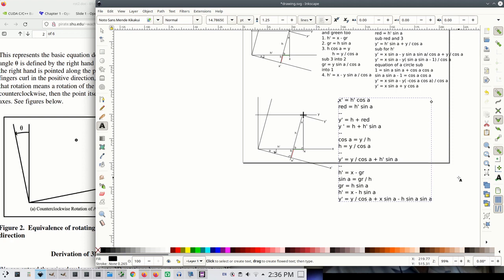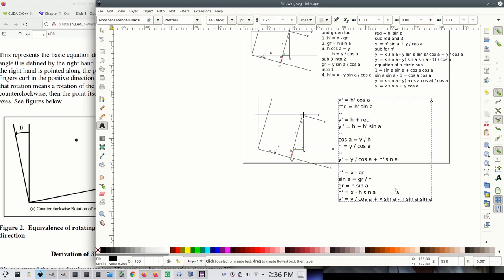Is that right? Something looks like I made a mistake. Okay, so h prime equals x minus h sine a.